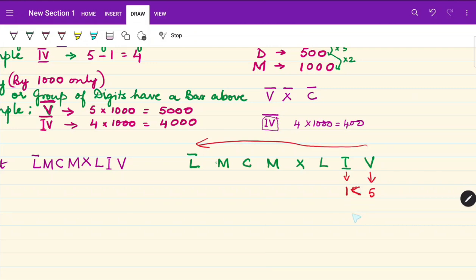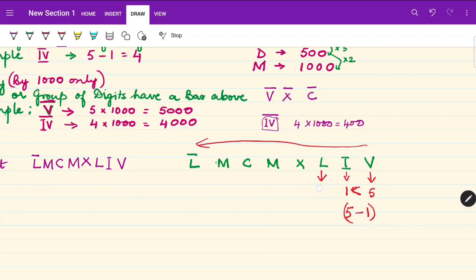So over here, we will be doing 5 minus 1. This involves subtraction. Again, you have to look at 2 digits and compare. So V is the rightmost digit, and the digit to its left is I, and since the value of I is less than V, we have to subtract. So 5 minus 1.